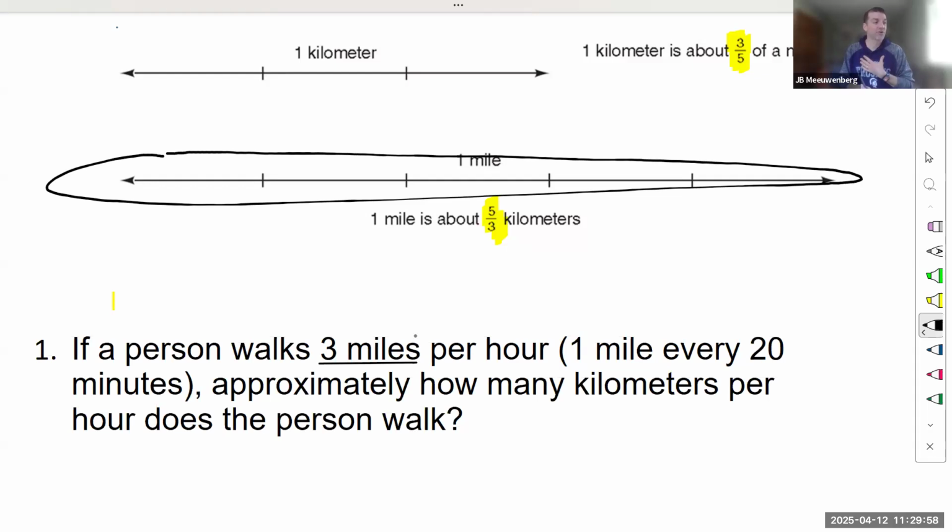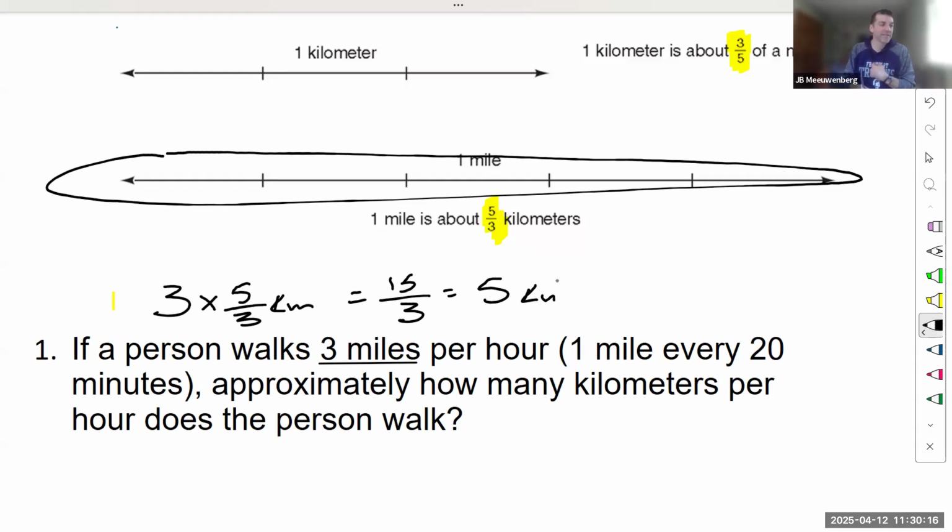And so if you're going 3 miles, and each mile is 5/3 kilometers, we would multiply by 5/3 kilometers. And that turns into 15/3 or 5 kilometers.